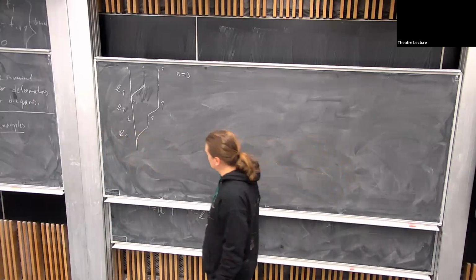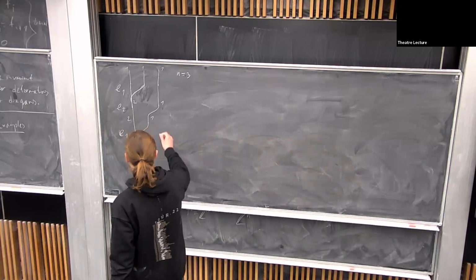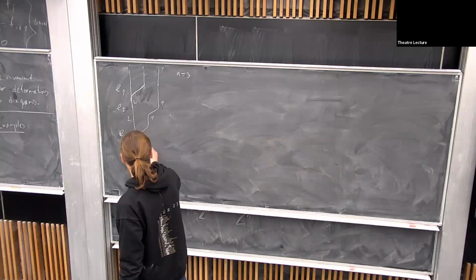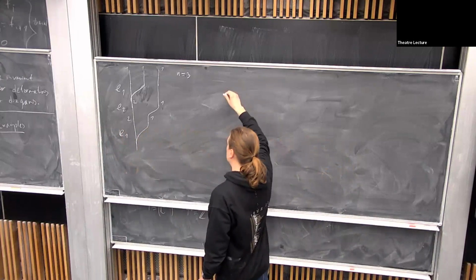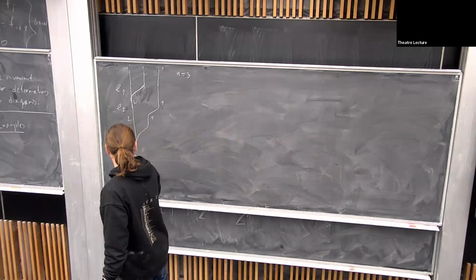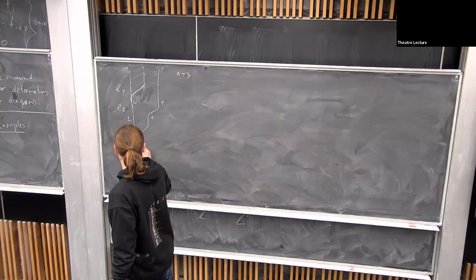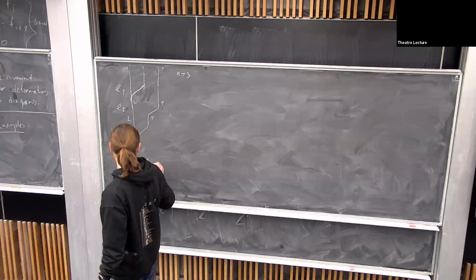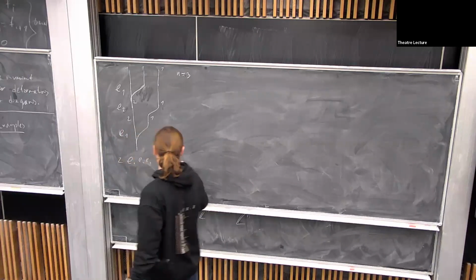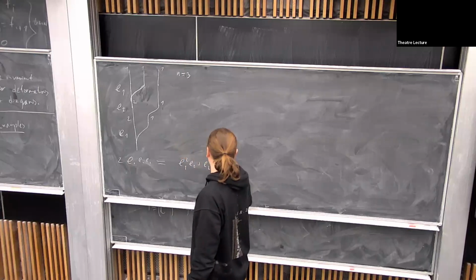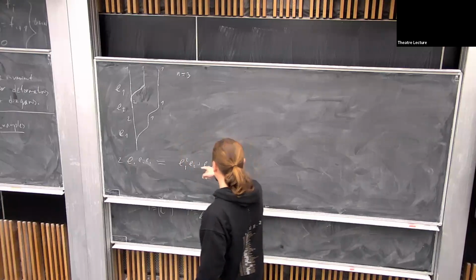Can I draw this diagram differently? As I have the relation, this is E_1 E_2 E_1. On the other hand, I know that 2 times this equals E_1 squared E_2 plus E_2 E_1 squared. So let's draw E_2.